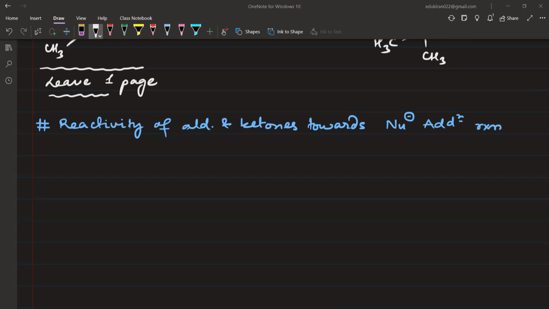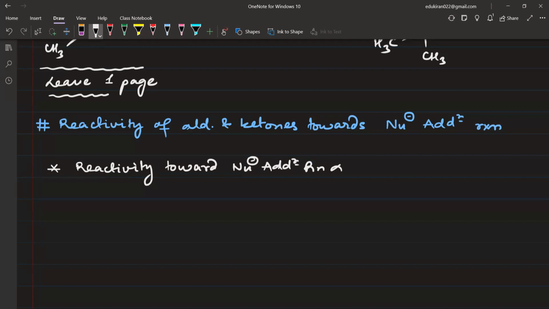Please write: reactivity towards nucleophilic addition reaction is directly proportional to electron deficiency of carbonyl carbon.